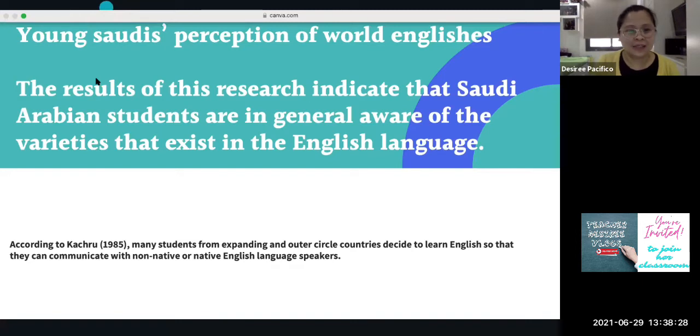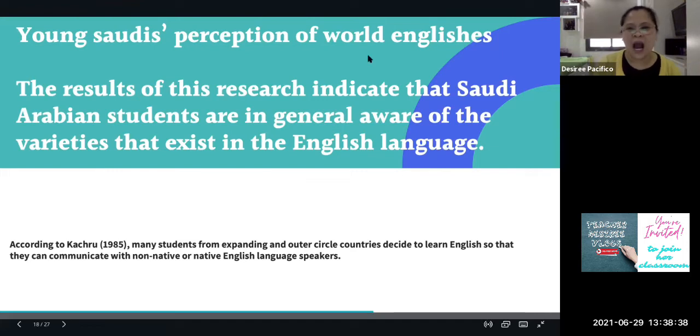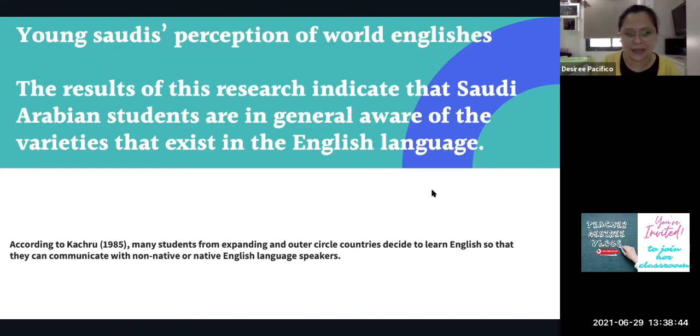Here is the perception of the young Saudis of world Englishes. The results of this research indicate that Saudi Arabian students are in general aware of the varieties that exist in the English language.